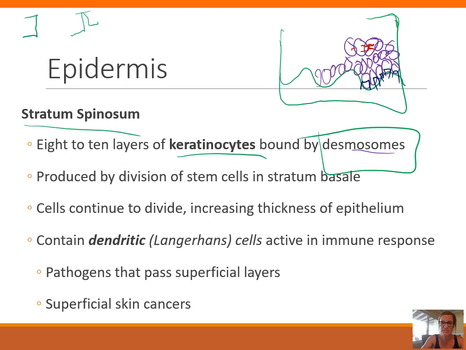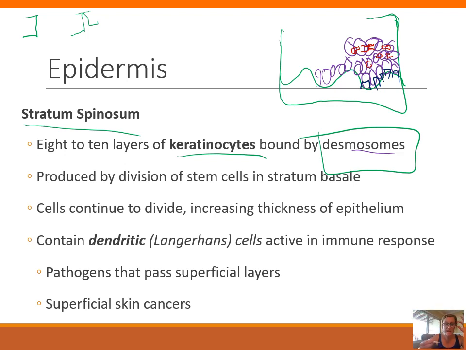What this means, because these cells are connected by desmosomes, by these little protein staples, is that the cells are very strongly attached to each other. That's another thing that helps make the epidermis a really good barrier. The cells are packed in really closely, and they're held together with proteins so that they don't separate easily.